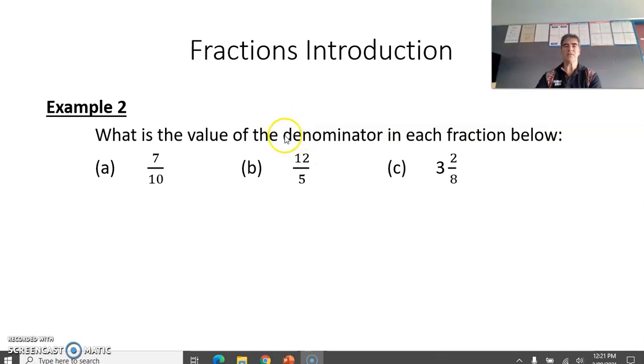So the D for down is going to tell us the one down here, our denominator. So in our first one, our denominator is 10. In our improper fraction, the one down the bottom is our 5, so the denominator is 5. And in our mixed numeral, again, the number down the bottom is 8, so our denominator is 8.